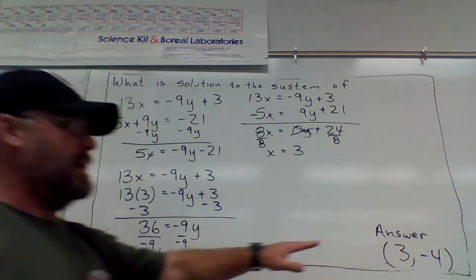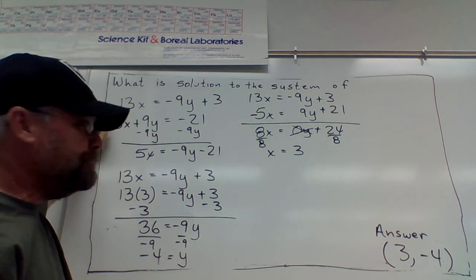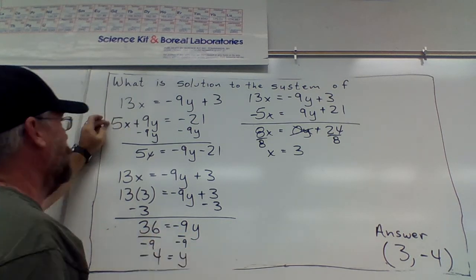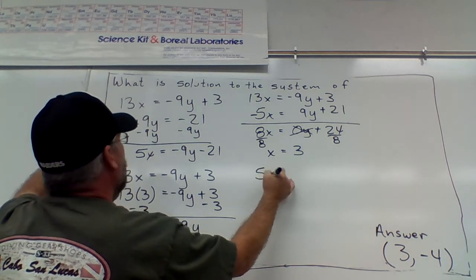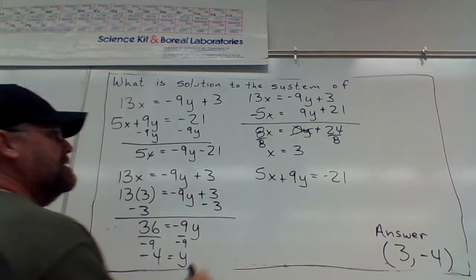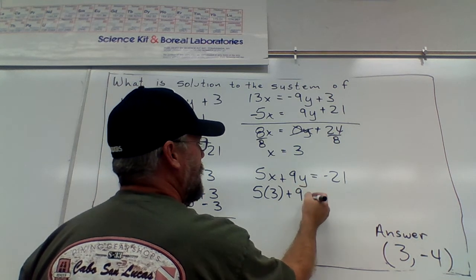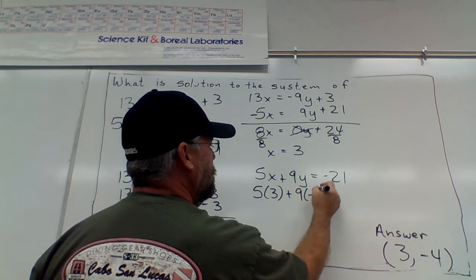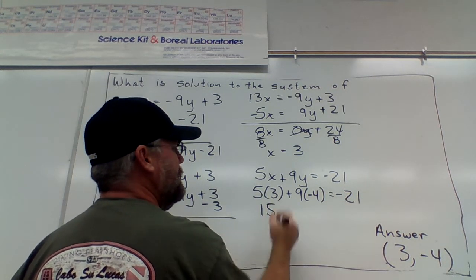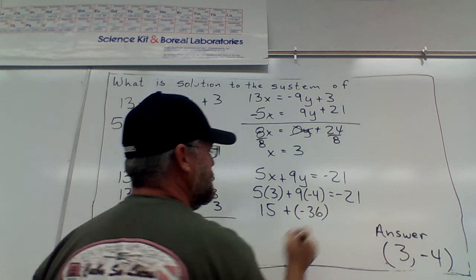Now I should be able to take both of those, plug them into the other equation, and I should get a check that shows me I have the right answer. So 5x plus 9y equals -21. Take the 3, plug it in for x. 5 times 3 plus 9 times -4 for the y. Does that equal -21? 5 times 3 is 15, plus 9 times -4 is -36.